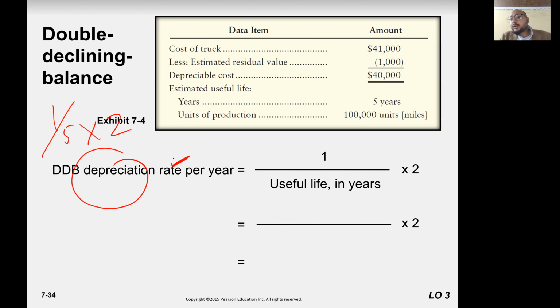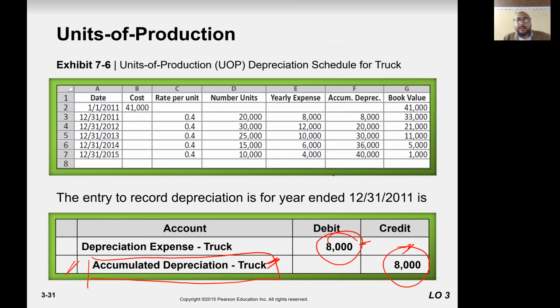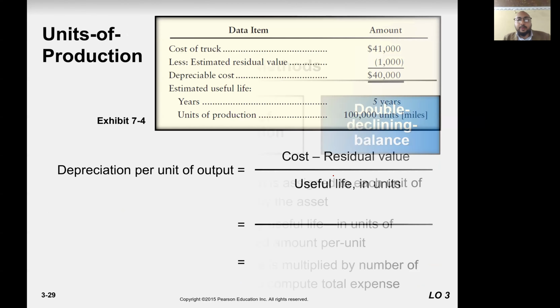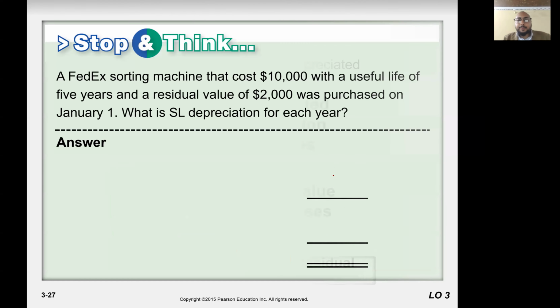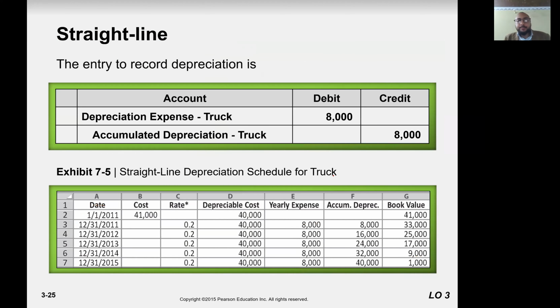So how do we find the depreciation rate? 2 times multiplied by 1 over useful life. So if you pay close attention here in our straight line method, we talked about that. This rate is coming from 1 over life, the straight line rate. All right.